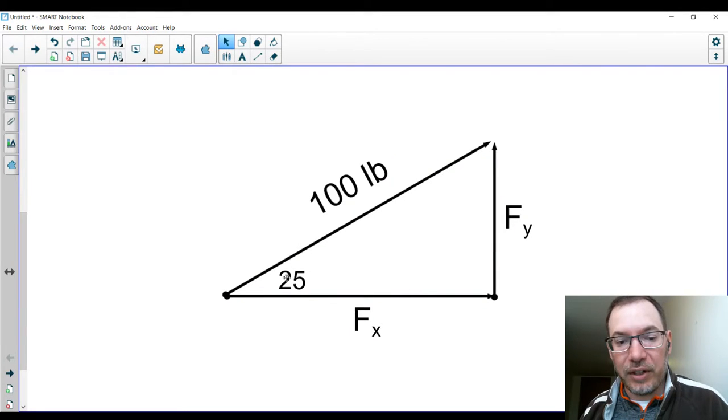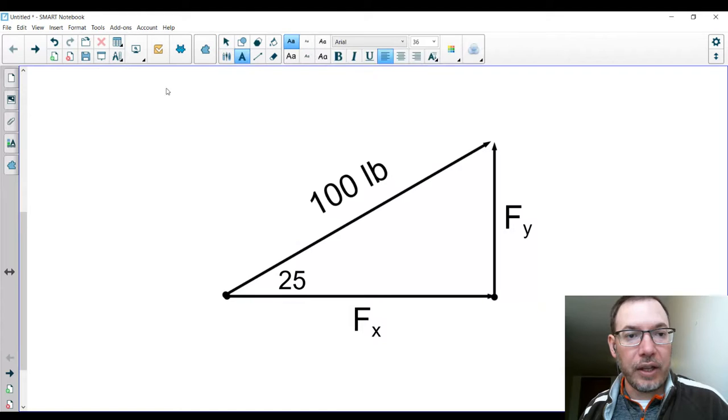Well, that's the side adjacent to this 25-degree angle. It's next to it. And the only other thing we know for a fact right now is the hypotenuse. If we know the adjacent and we know the hypotenuse, the trig function that best fits that is cosine.